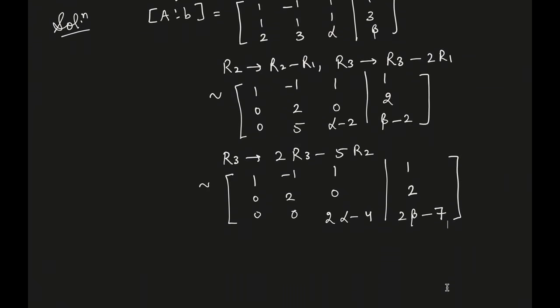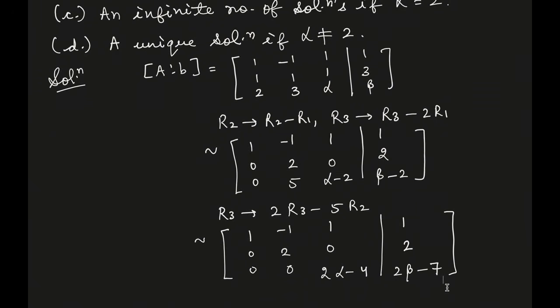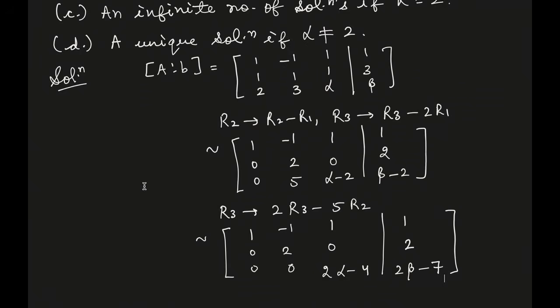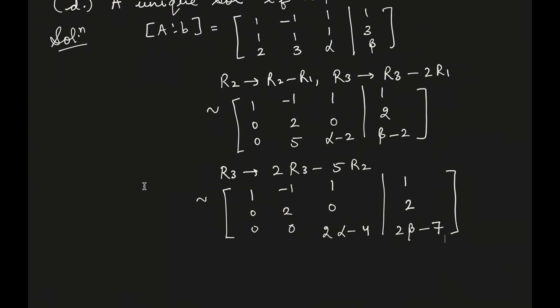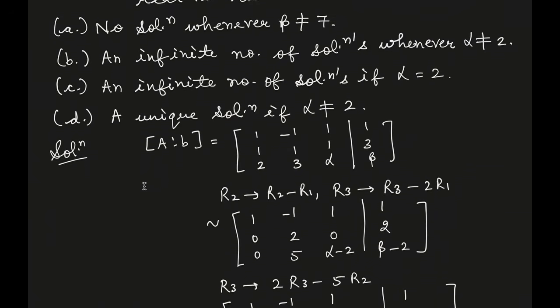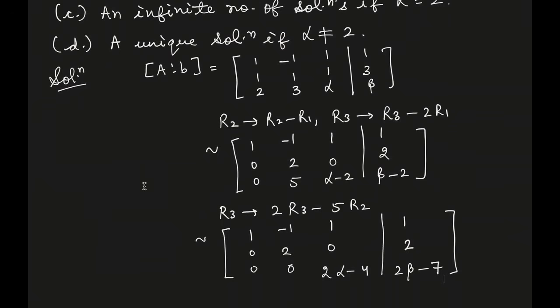So after this, how you have done? For unique solution, rank of A and augmented matrix B should be same. So alpha is not equal to 2. So first column and third column, if they would be same, then it will be.